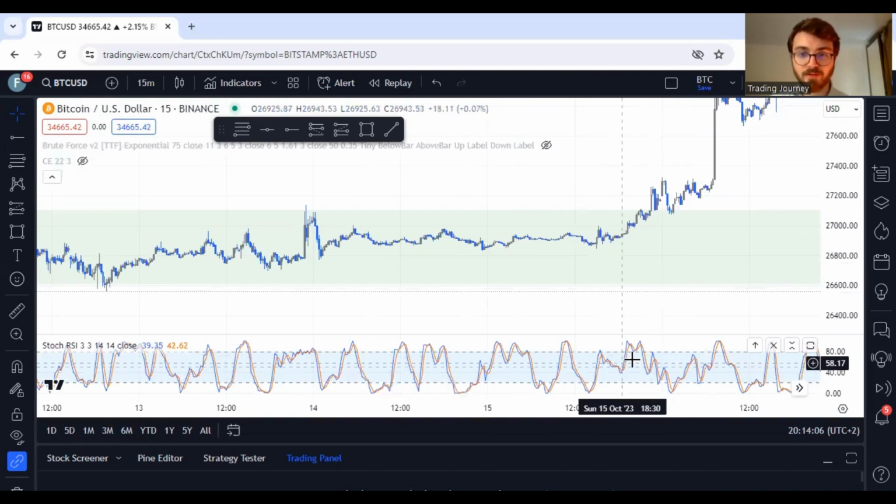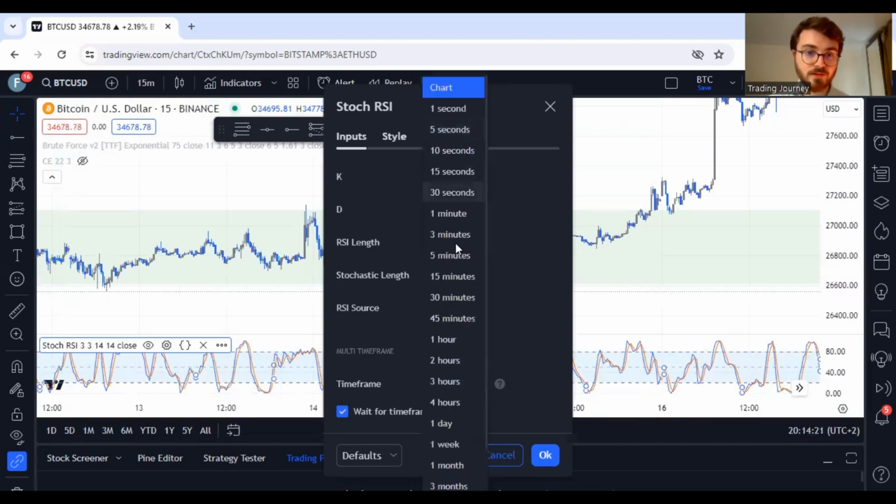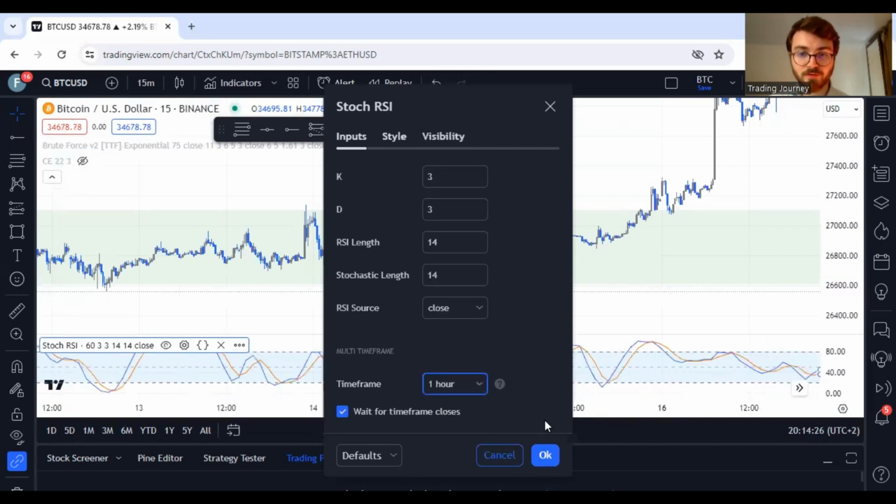You can't really tell what is happening. So that is why I recommend that you go into the settings here, and on the time frame you can select, by default it's chart. So that means that the time frame of the RSI will be exactly the chart that you're using. So in this case, it's the 15 minutes. But we want to try the 1 hour, for example.